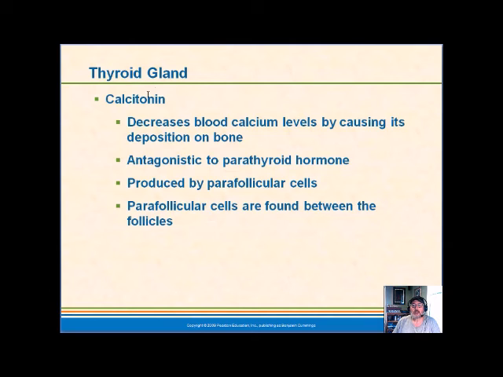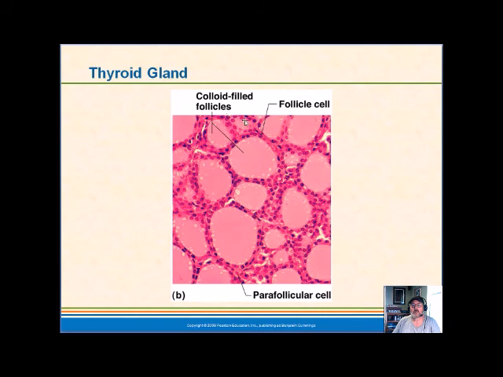But calcitonin is antagonistic to the parathyroid hormone, and it is produced by parafollicular cells. And the parafollicular cells are found between the follicles. So here we've got the different follicles. We have parafollicular cells located within that area.